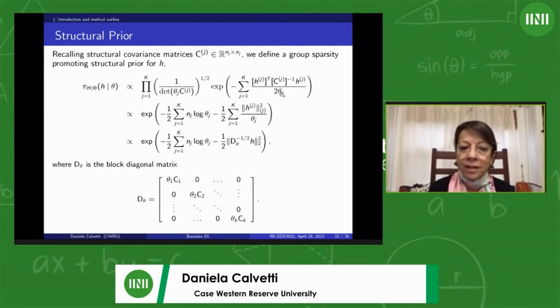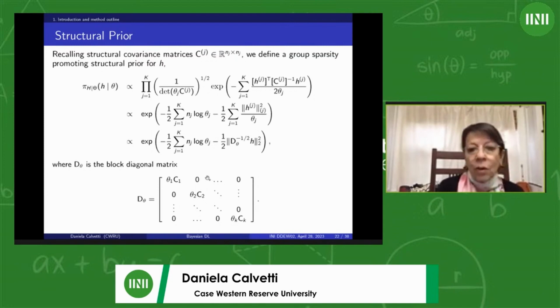One variance for the entire block, and this is the one that will, over the iterations, decide which of the blocks contribute and which do not.